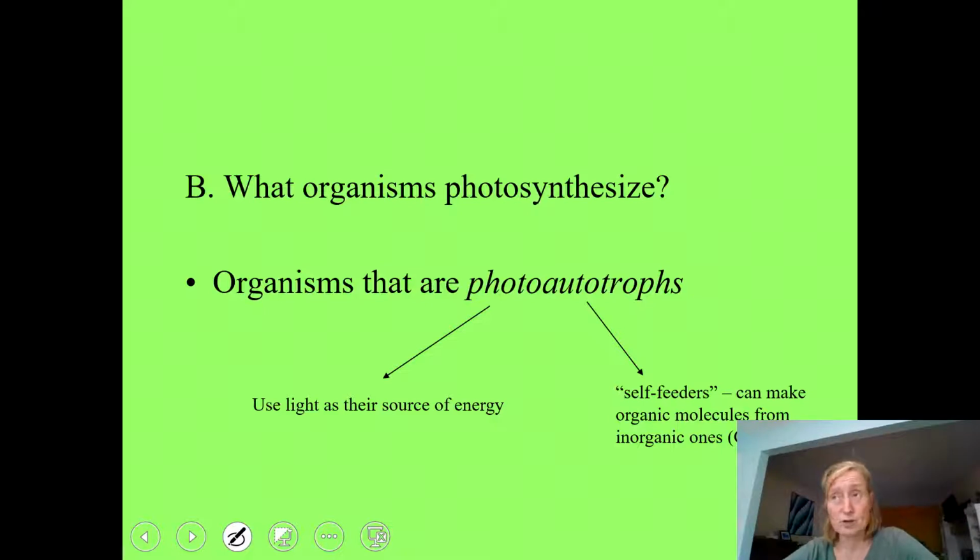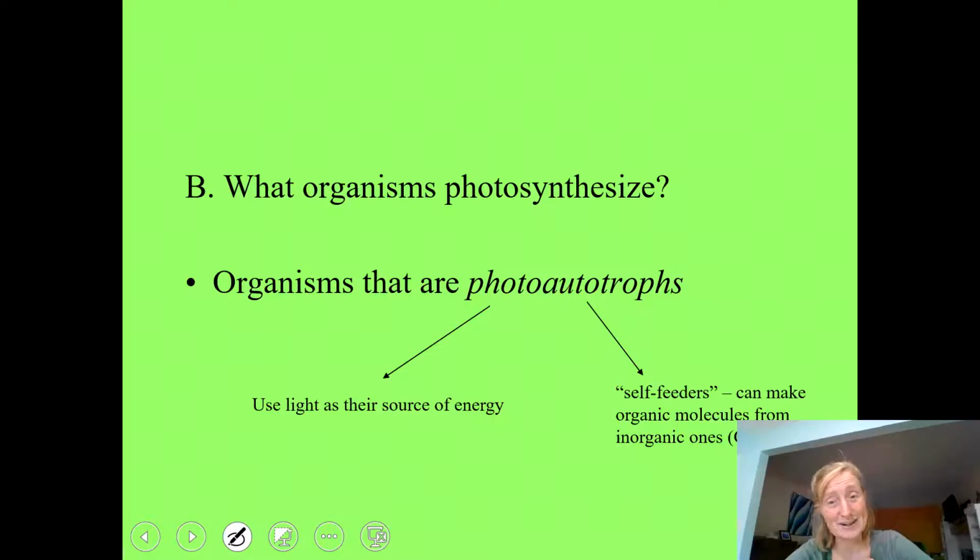But they're also autotrophs. An autotroph can take inorganic molecules and make them into organic ones. So organisms that photosynthesize can grab carbon dioxide from the air somehow and make it into sugars, organic molecules. So these guys, organisms that photosynthesize, are photoautotrophs.